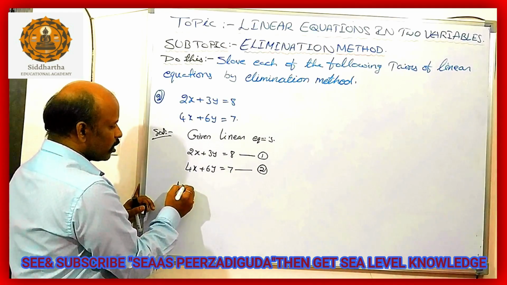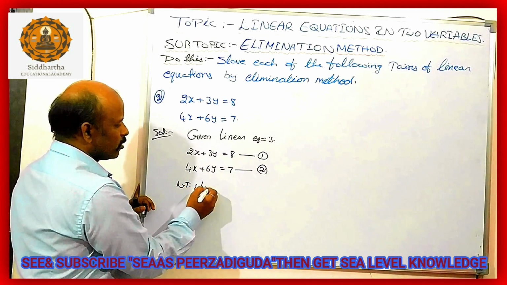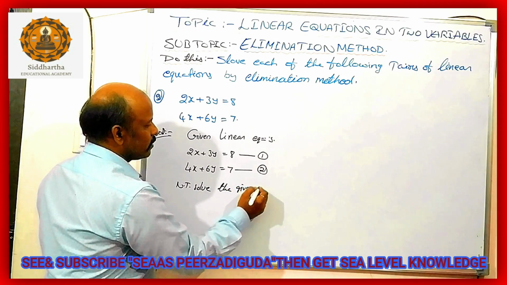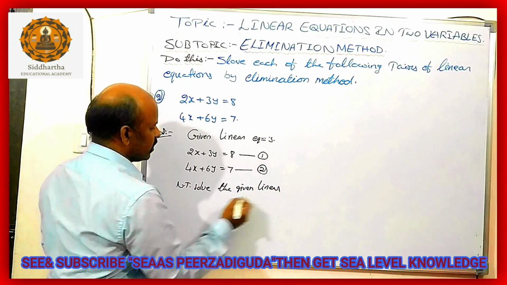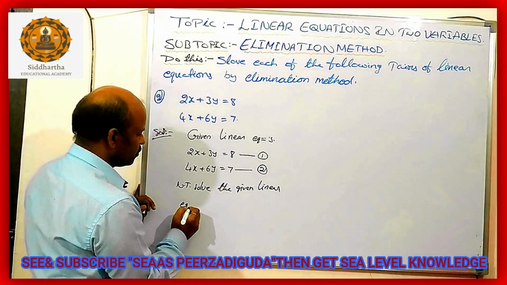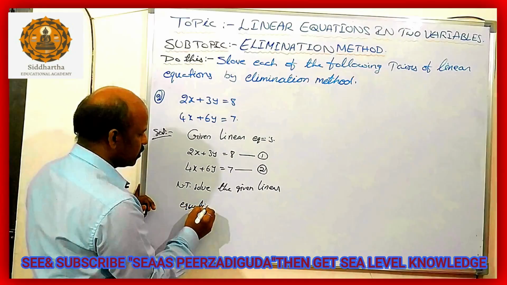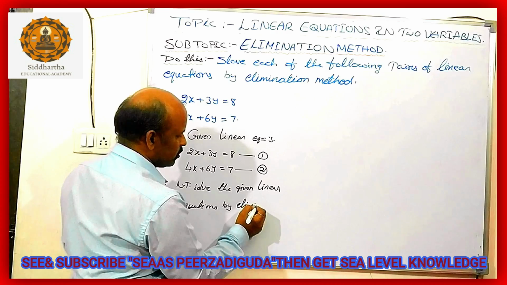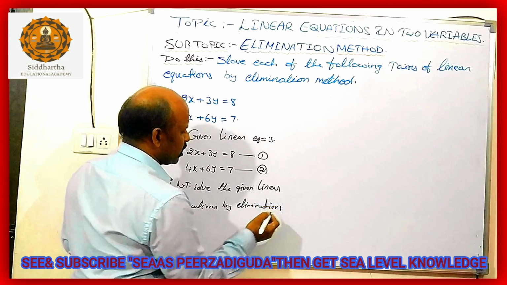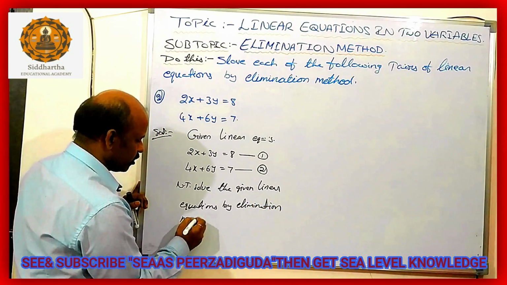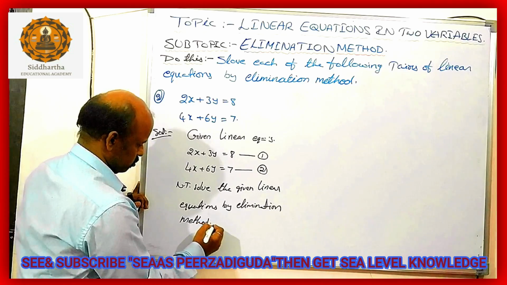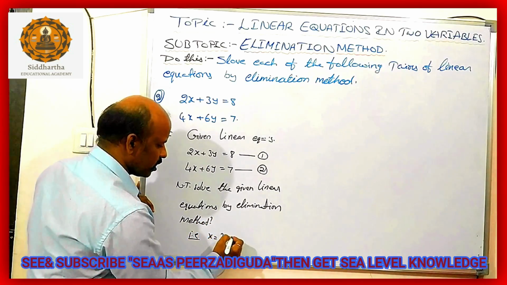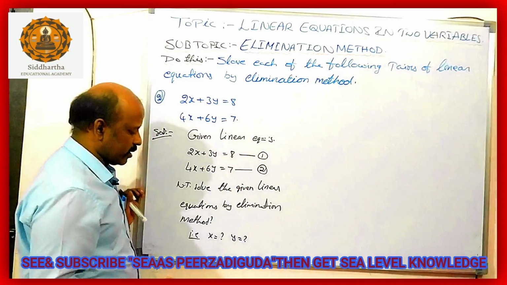So what we have to do now to solve the given linear equations by elimination method. That is what x is equal to question mark and y is equal to question mark.